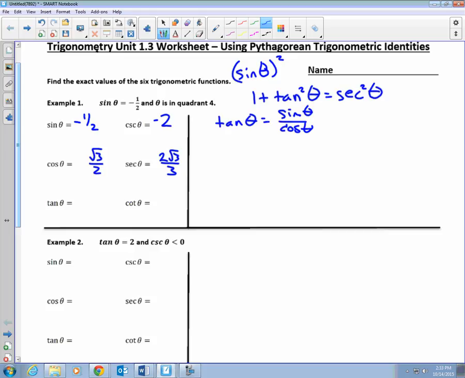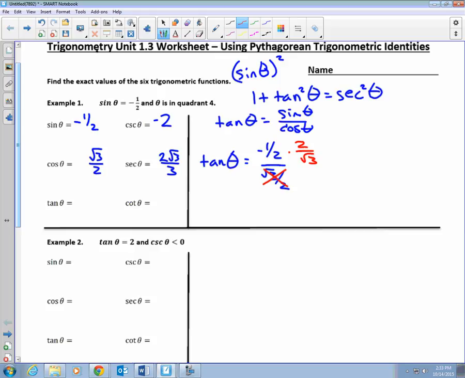What is the value of sine? I take negative 1/2 and I divide it by what? What is cosine? Root of 3 over 2. How do I divide fractions? Multiply by the reciprocal, times 2 over the root of 3.